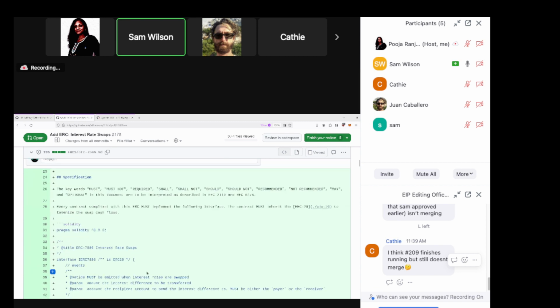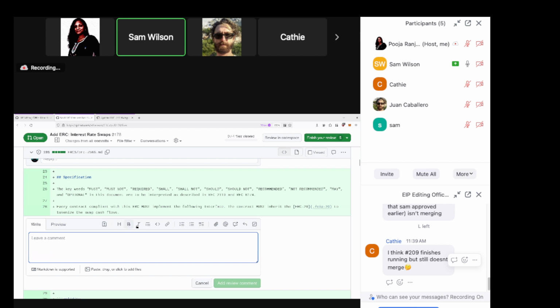Okay, every contract compliant with the ERC must implement the following interface. So I don't think interface needs to be capitalized here.